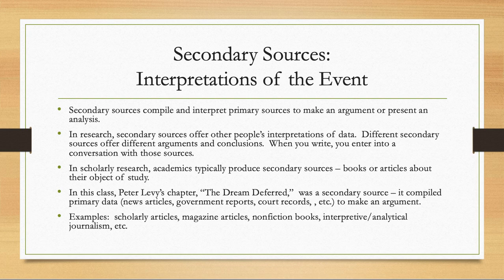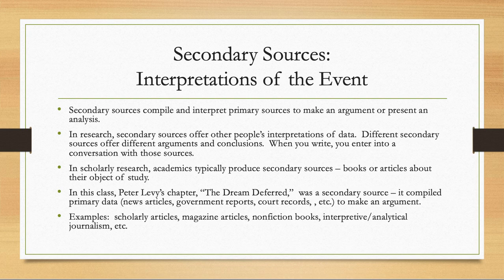The next closest sources to the topic being studied are secondary sources. Where primary sources record an event, secondary sources interpret the event. Secondary sources compile and interpret primary sources to make an argument or present an analysis. Most of what we've read for this class has been secondary sources.